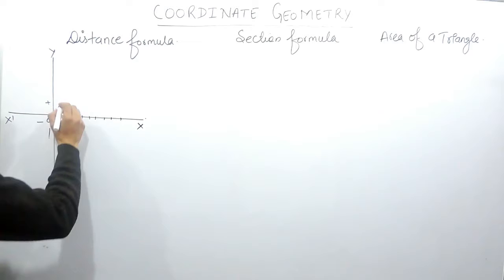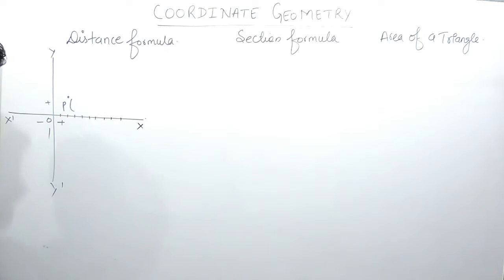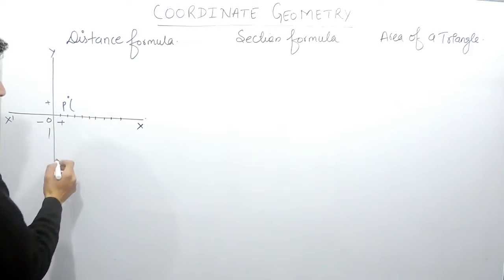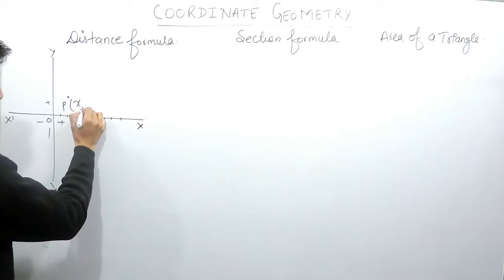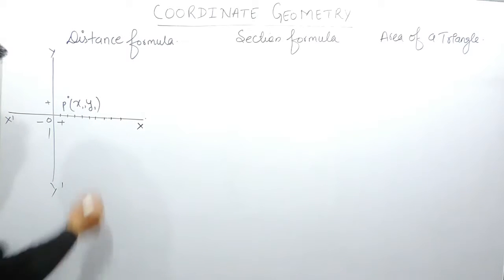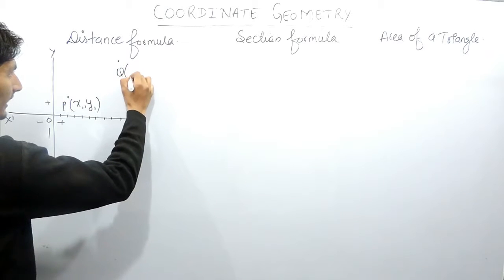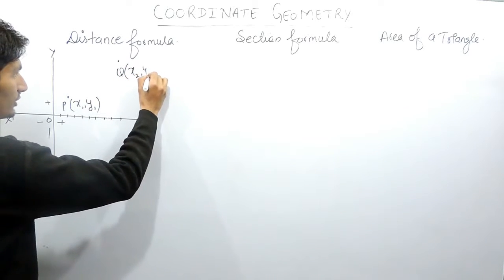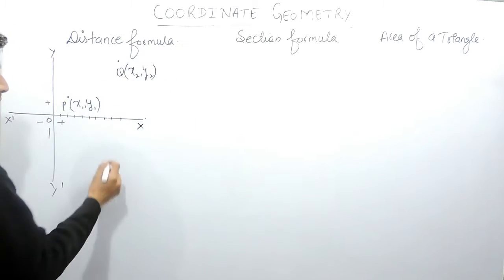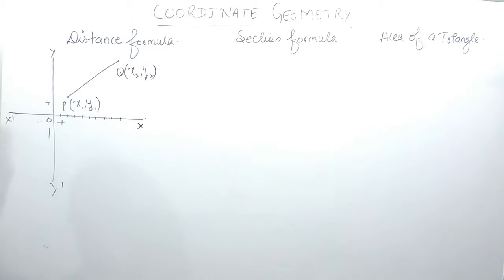Now, if I talk about a point P, obviously it must have a coordinate. Consider that x1 and y1 are the coordinates of this point P, and there is another point Q, where x2 and y2 are its coordinates. If I have to find the distance between P and Q, I have to use the distance formula.